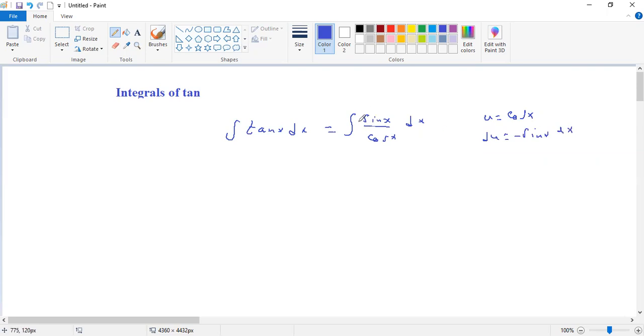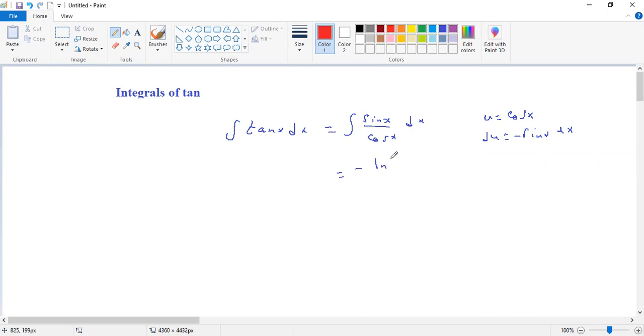So we have sine, that's what we mean, negative. So then equal to what? Minus cosine raised to the power -1. The derivative is minus sine. That means the integral of 1 over u du is ln.